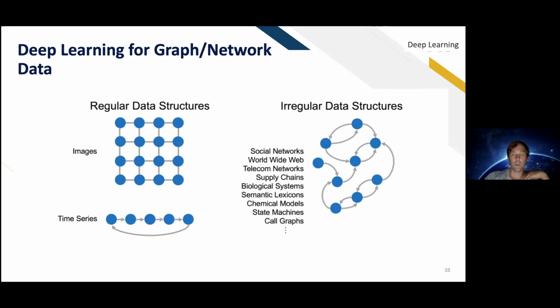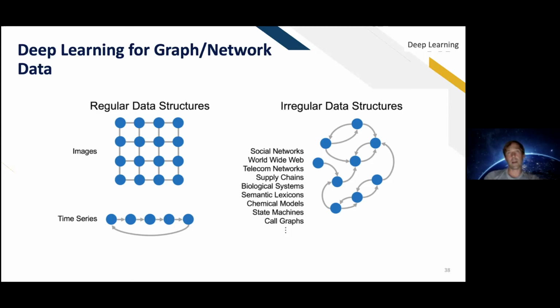Typically we're used to regular types of data structures. We have images that have a very regular structure to them. We have time series data or text data that have a particular type of sequence structure. And you can even think about tabular data being in that space. But there are a lot of other types of data that are well suited to representation in graphs, such as social networks and web information.